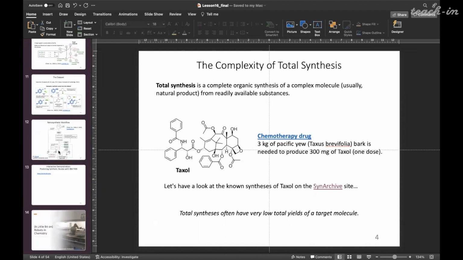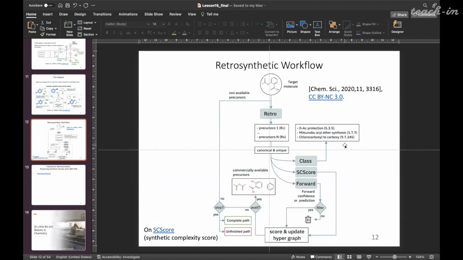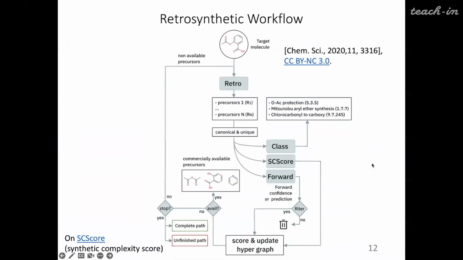And so for every reaction, a model for forward reaction prediction is applied to estimate confidence in a particular step.